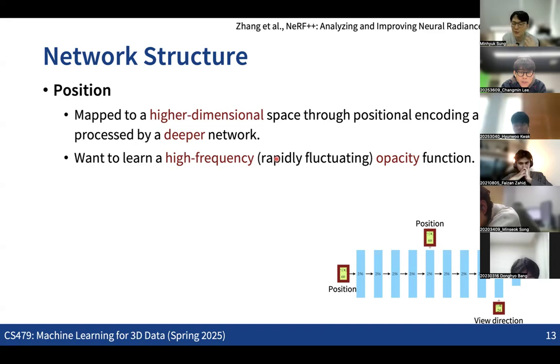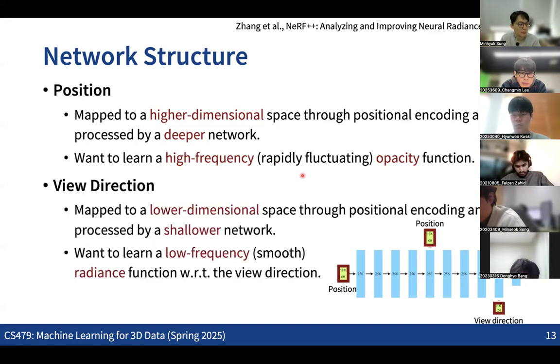That's also the reason why we are mapping the position into higher frequency sine and cosine functions, having a high dimension in the position encoding, and also making the network deeper, because the function that we are going to learn is expected to be a high frequency function. Make sense? But how about the radiance?